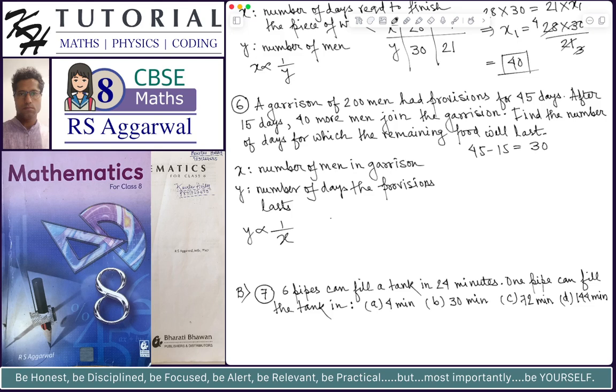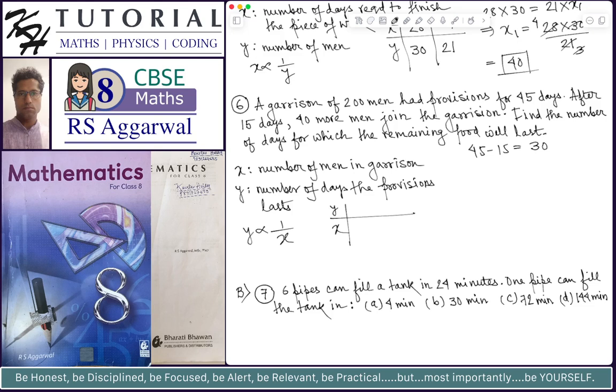Now the important thing is to create the table of y and x. So we have to consider the scenario after 15 days. After 15 days, whatever food is left will last for 45 minus 15, that is 30 days. And still the number of men in the garrison is 200.